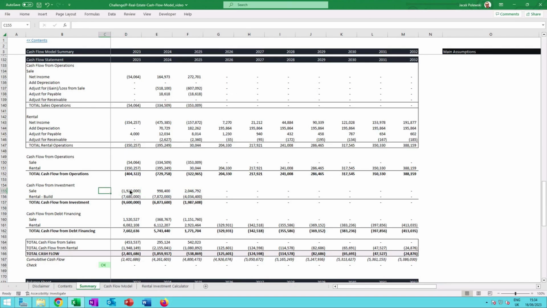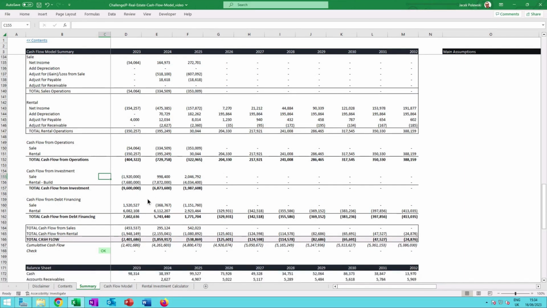Okay. So for example, in the case of rental properties, you will see there are just all negative numbers. But in case of sales, you will see that you are receiving some money back for all the properties that you sold. Okay, and then there's also a section for the debt financing here. So again, you'll see first positive numbers, and then the negative numbers are your principal repayments.